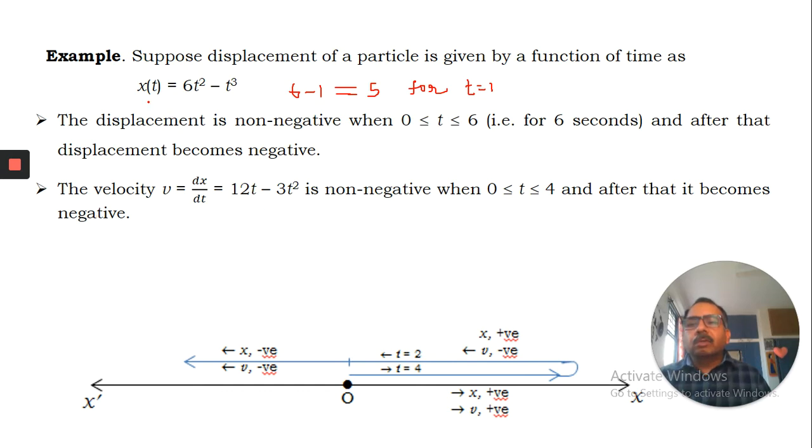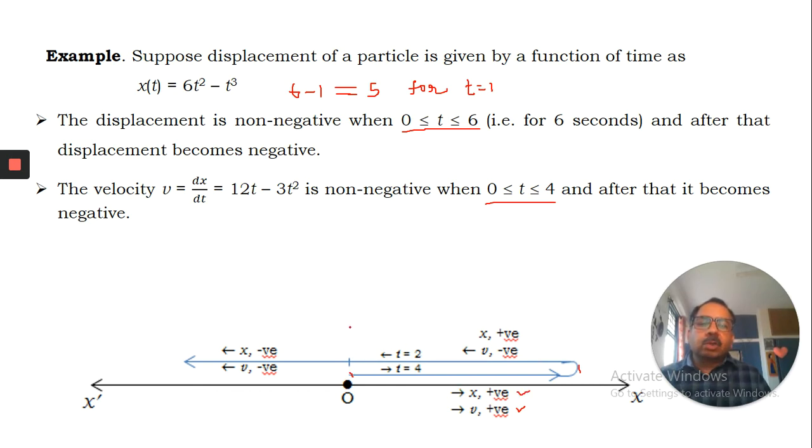So the body travels in the positive direction for 6 seconds, and out of those 6 seconds, for 4 seconds it travels with positive velocity, and the remaining 2 seconds it travels with negative velocity. What does it mean? It means from point O to some point, the body goes from here to here and takes 4 seconds, and the velocity is positive in this direction and displacement is positive in this direction.